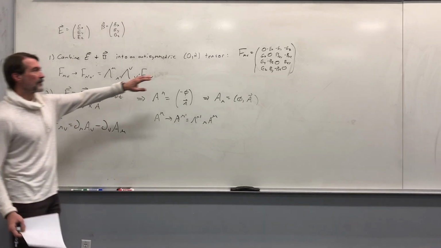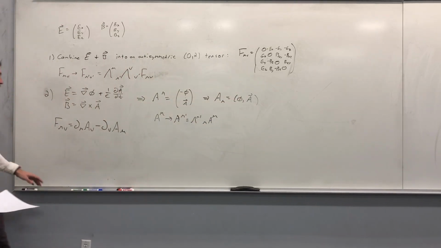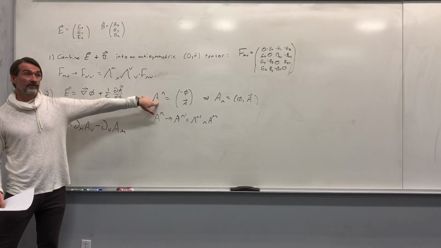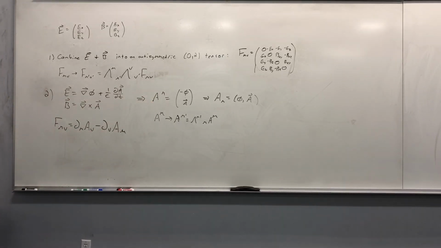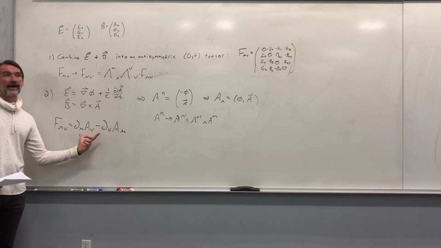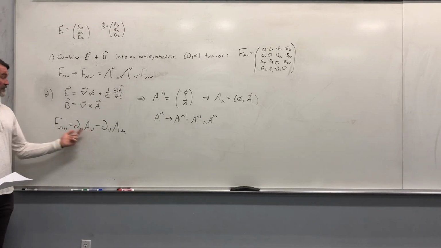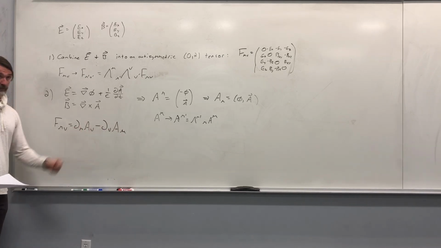That is, the electromagnetic field strength tensor can be obtained from this 4-vector potential by just doing this derivative, where this is mu nu and this is nu mu, so this is automatically going to make it antisymmetric. If I interchange mu and nu, it will just give me an overall minus sign.